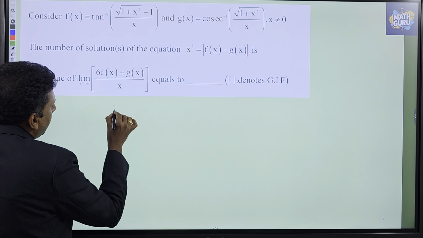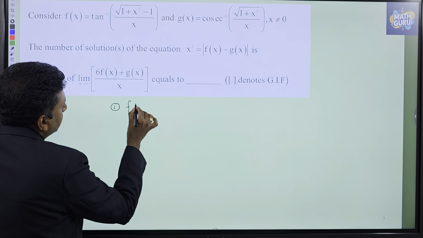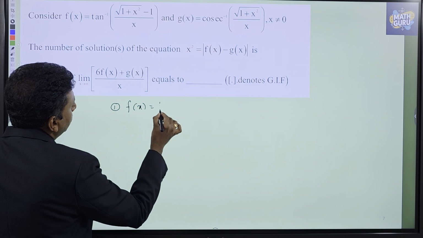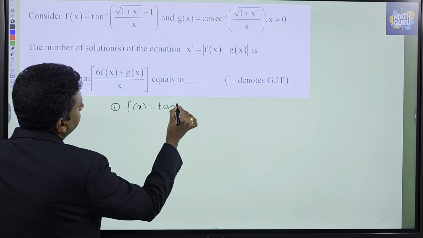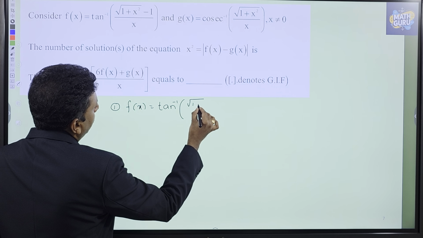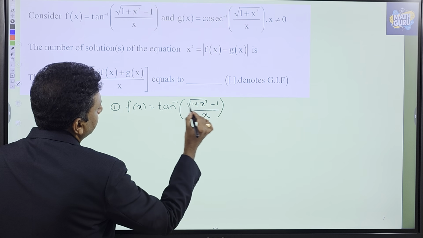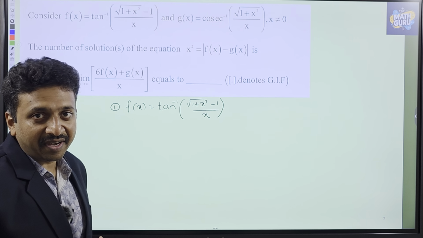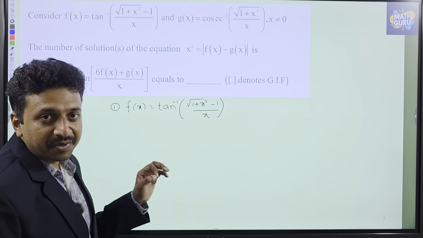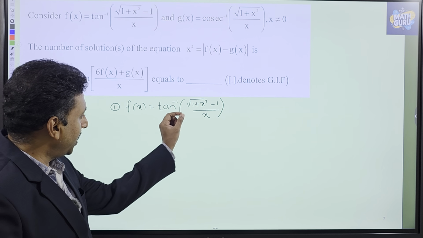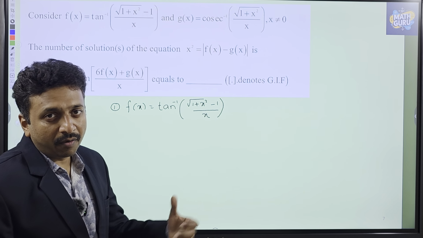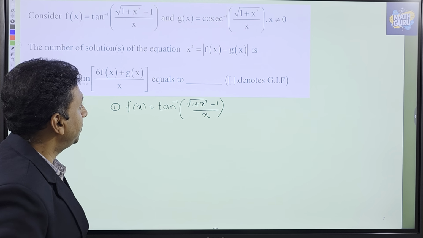So first, f of x is equal to tan inverse of (root of 1 plus x square minus 1) by x. So let us first try to simplify this function by using some trigonometric substitutions. Whenever you see root of 1 plus x square, the obvious substitution is x is equal to tan theta, right?